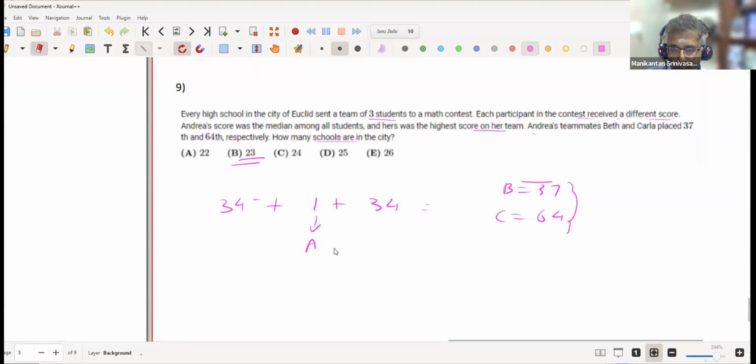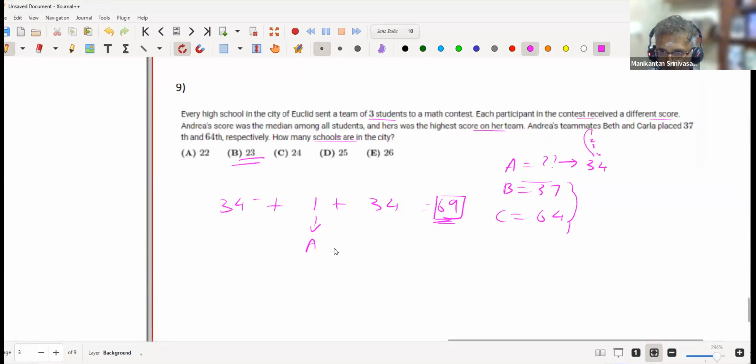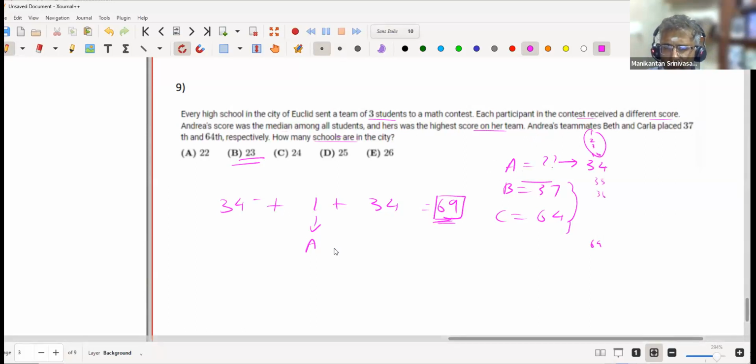I'll just put A somewhere here. A is ahead of 37, that much I know. So there'll be 69, which is a multiple of 3. And does that change anything? So there are 34 ahead of her, 34 after her.